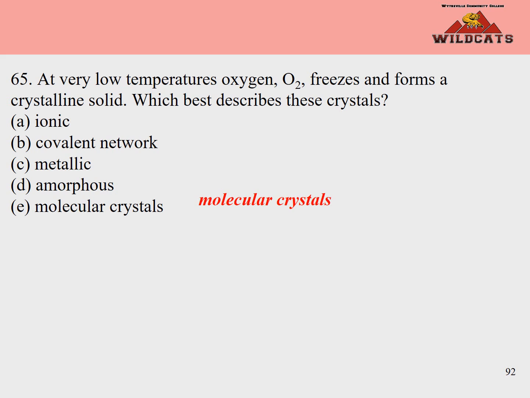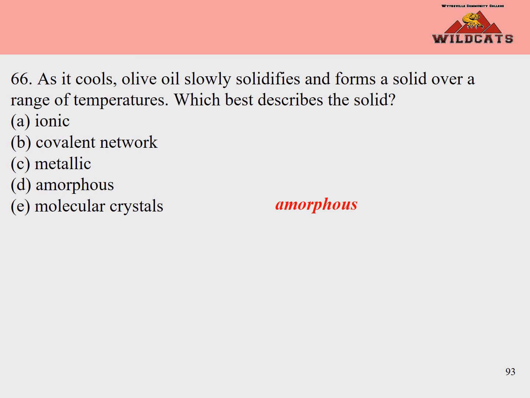It probably was starting to freeze and form crystals, and that's what ruptured the tank. And so it freezes as a molecular crystal. Olive oil solidifies and forms something like olive butter. If you put it in the refrigerator, it gets kind of a funky color to it. So it's an amorphous solid.